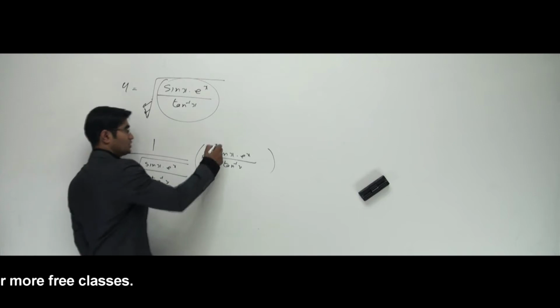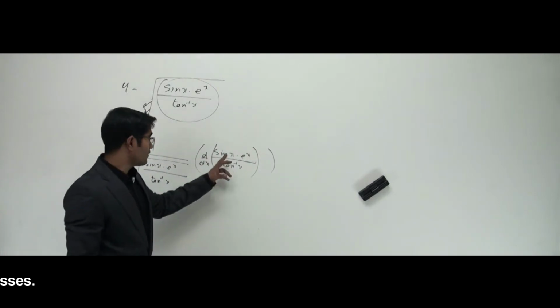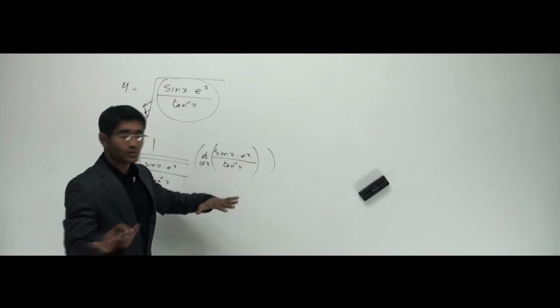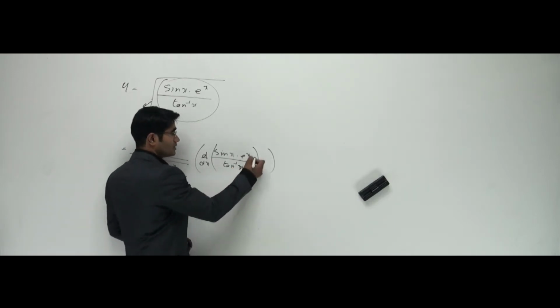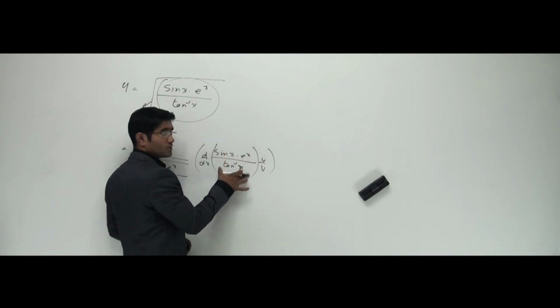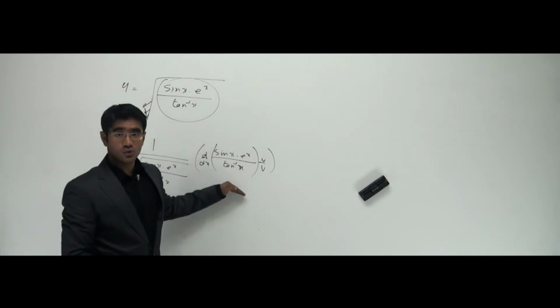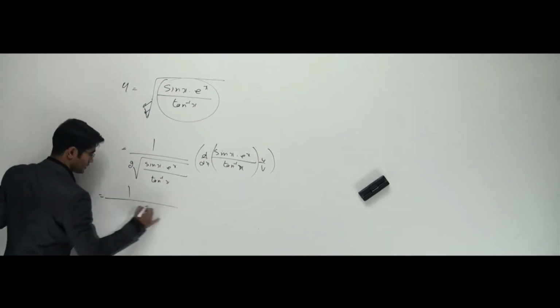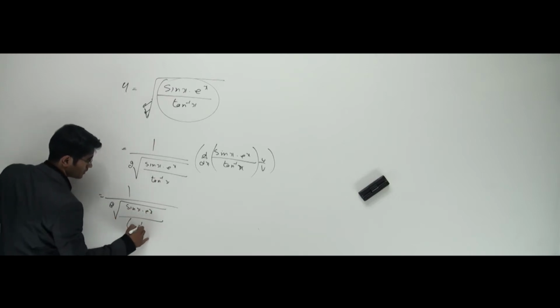Now, do you have any chains here? There are no chains because everyone has got a single x. There are three functions and there are three x's. There is no chain. So what we have is a quotient rule, u by v, two guys. So now let us use quotient rule first before I use the product rule. So I'll write this guy, that is 2 root of sine x into e power x by tan inverse of x.